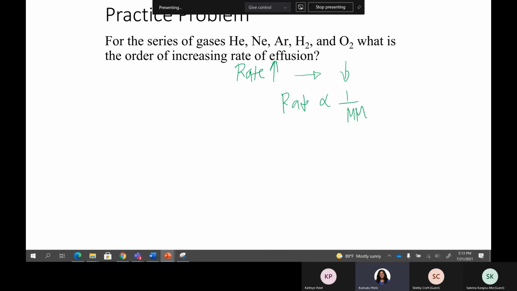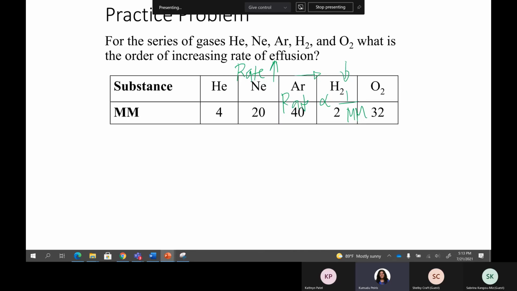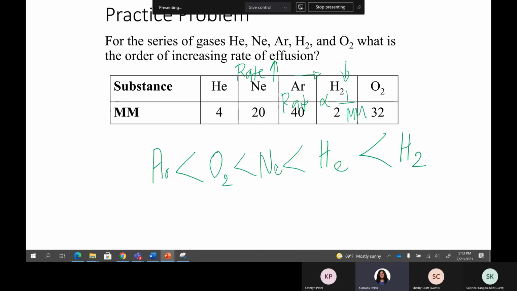So what is the order of increase in the rate of effusion? We are given the molecular masses, right? So what is the lightest one? The increasing rate is H2, then helium, then neon, then O2, then argon.